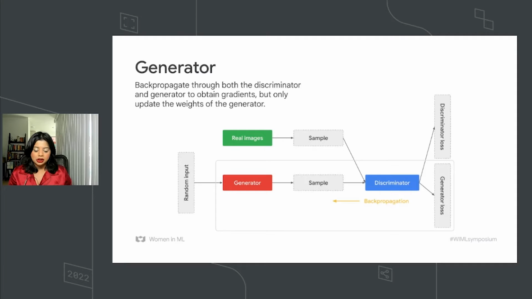Then you calculate the loss from the discriminator and backpropagate through both the discriminator and the generator to obtain the gradients. But in the end, even though we're using both of those weights, we're only updating the generator weights.